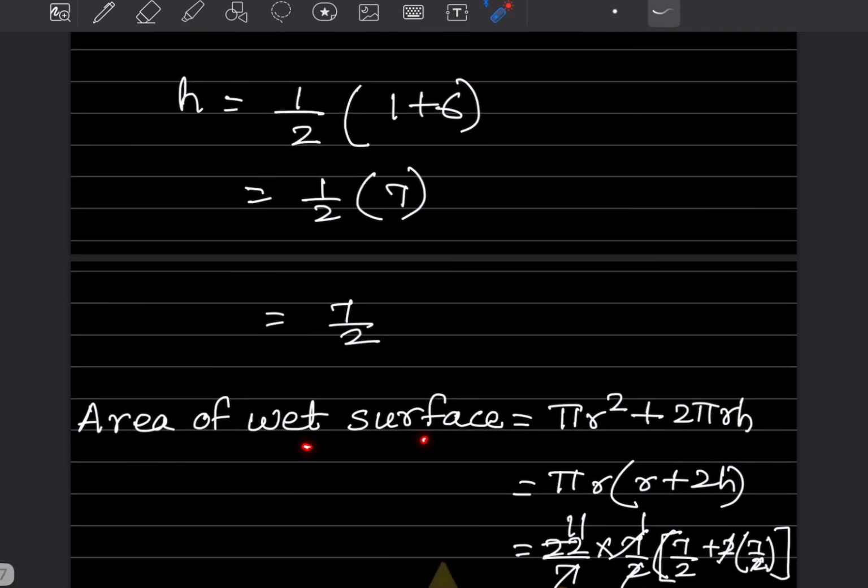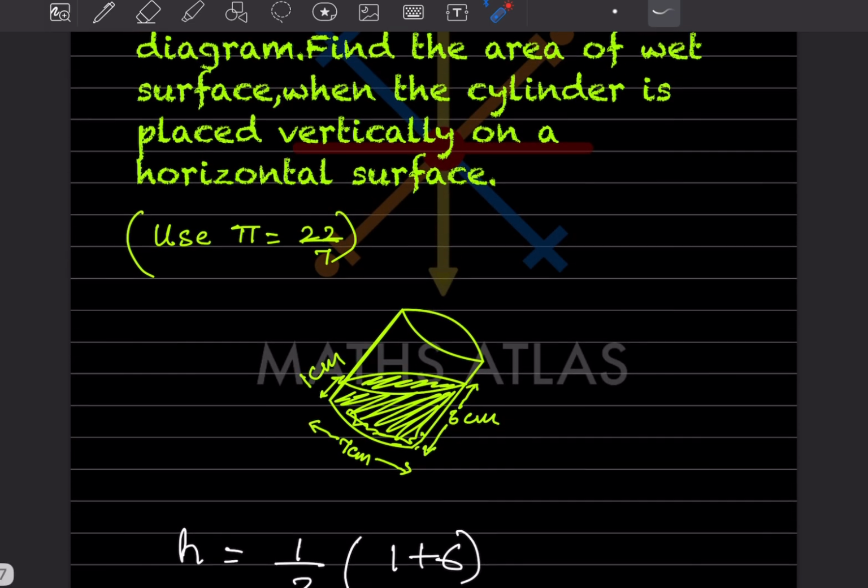So the area of the wet surface, because it is a cylinder, is pi r square plus 2 pi r h. These are the two terms here. So we can take pi r common, and in the bracket will be r plus 2h. So this will be 22 by 7 into 7 by 2, and r is again 7 by 2, and this will be 2 into 7 by 2.